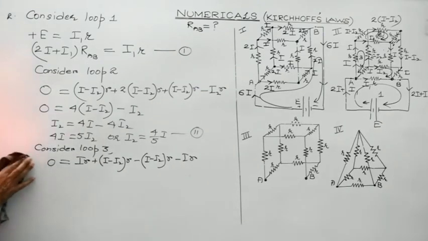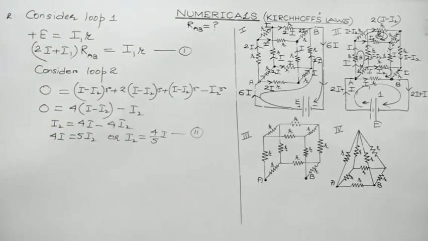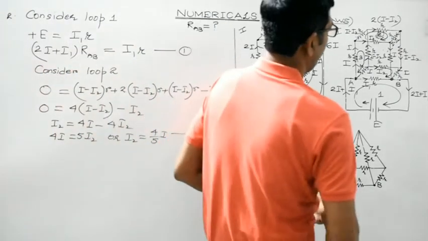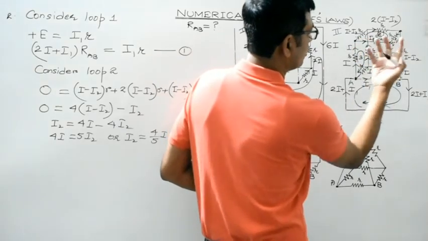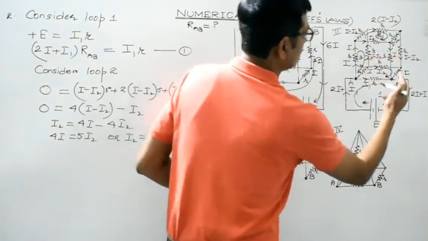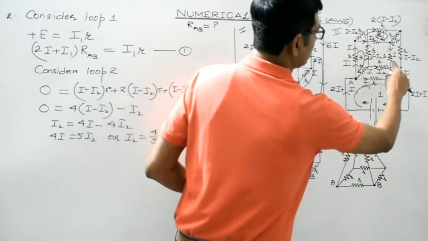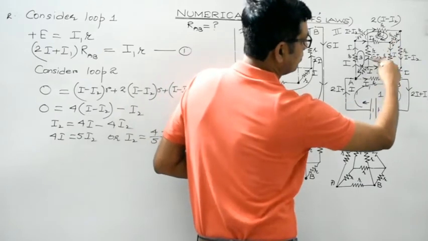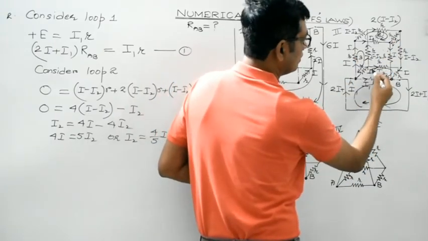Let us consider, instead of loop 3, some other loop. So let's check. We can consider this front face, this front loop, right? Or rather, you can consider the back part. It should involve I2, so consider this bottom one.